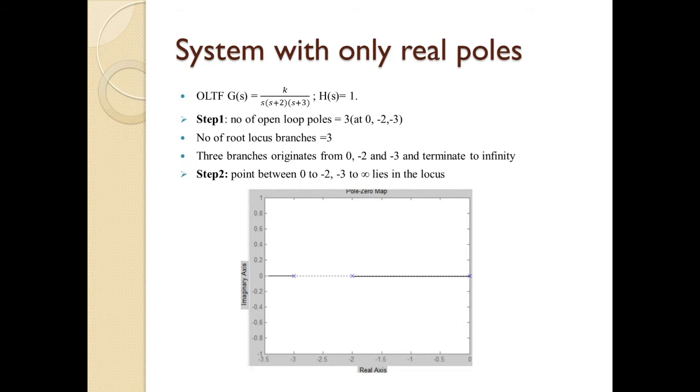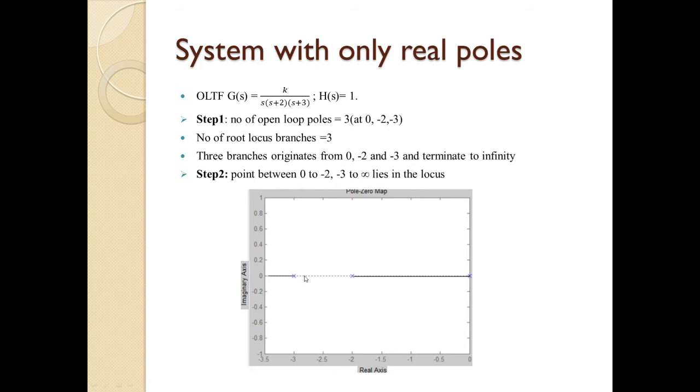Next, we need to check which points on the real axis lie on the locus. If we consider the pole locations, this is the first pole at 0, this is the second pole at -2, and this is the third pole at -3.